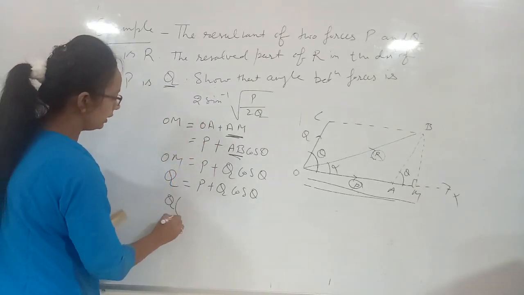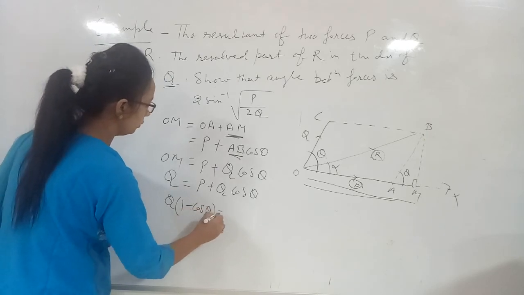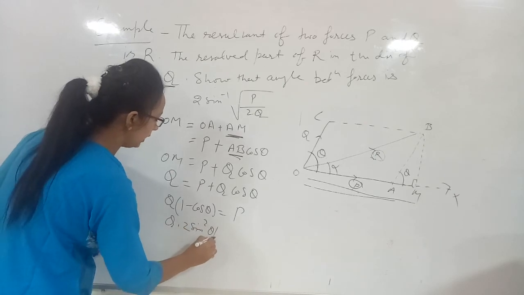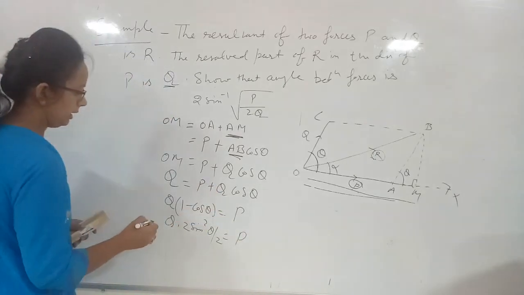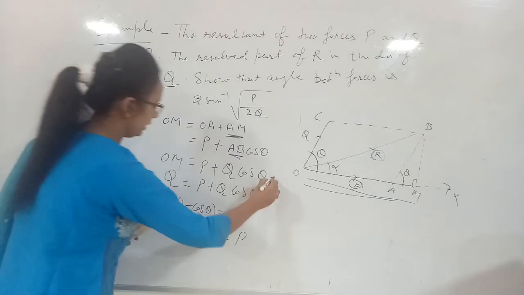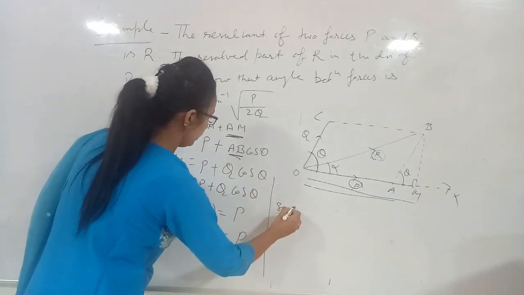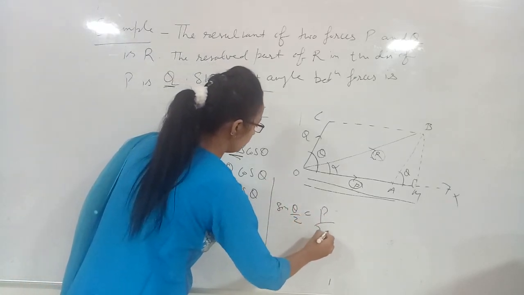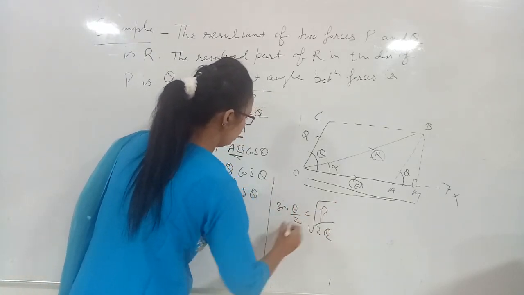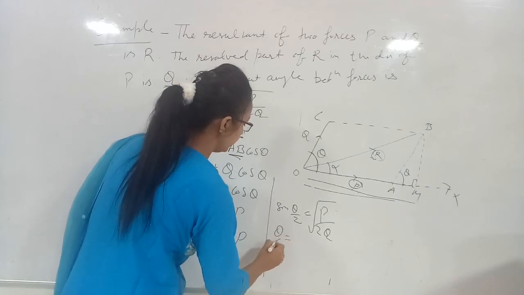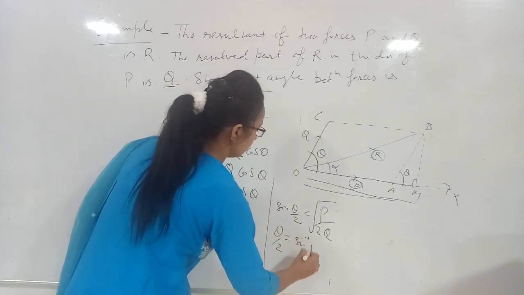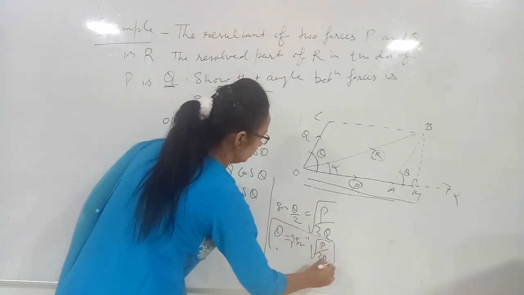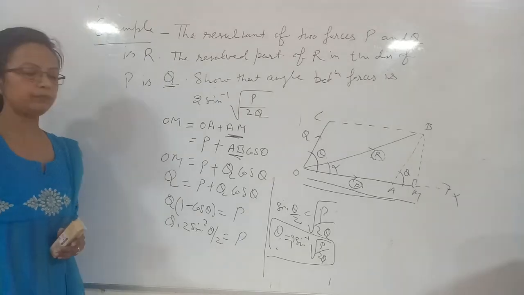You can write Q into 1 minus cos theta is equal to P, or Q into 2 sine square theta by 2 is equal to P. After solving this, you will get sine theta by 2 is equal to under root of P by 2Q, or theta by 2 is equal to sine inverse, and if we take 2 here, then we have the result. Thank you.